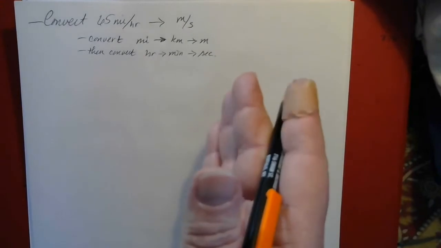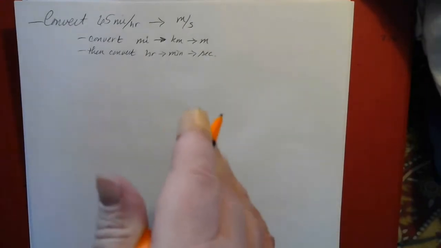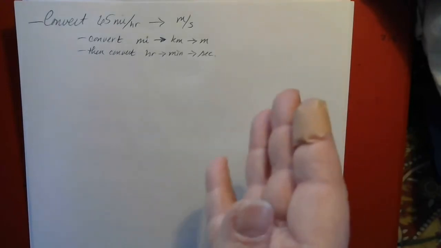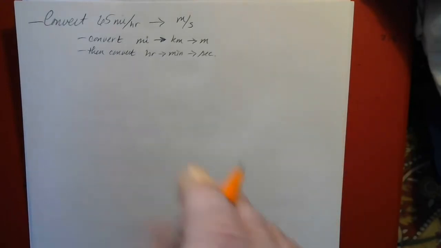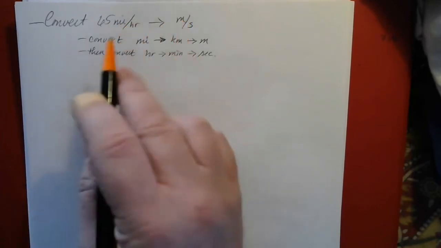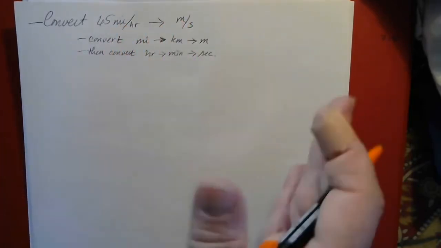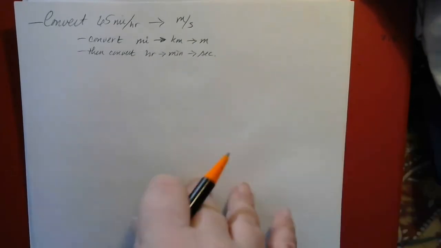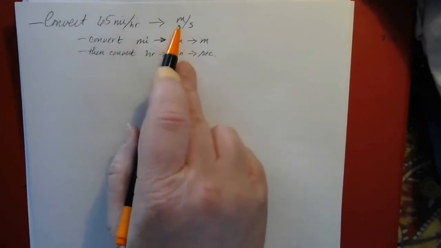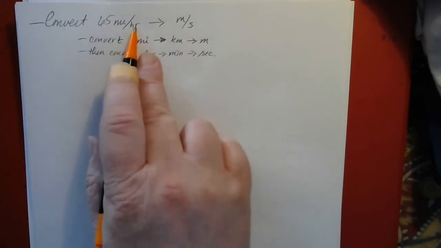And there is a certain process for doing that, and it's simpler than you might think, but you just sort of have to keep track of what you're doing. Essentially, what we're going to do is change the two units, the unit in the numerator and the unit in the denominator, separately, one at a time. So we're going to convert miles to meters first, and then we're going to come back and convert hours to seconds.